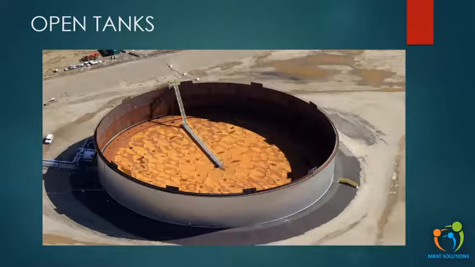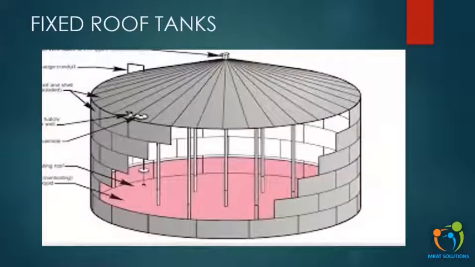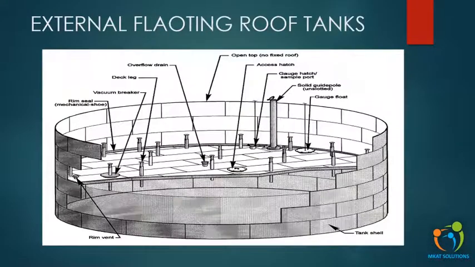Then it can be a fixed roof tank, where a conical roof will be provided on top of it. So it's called a fixed roof. And then there is a floating roof. You can see here, this part of the tank floats above the fluid.